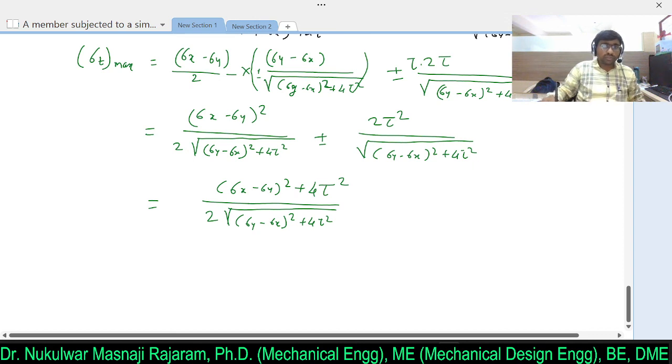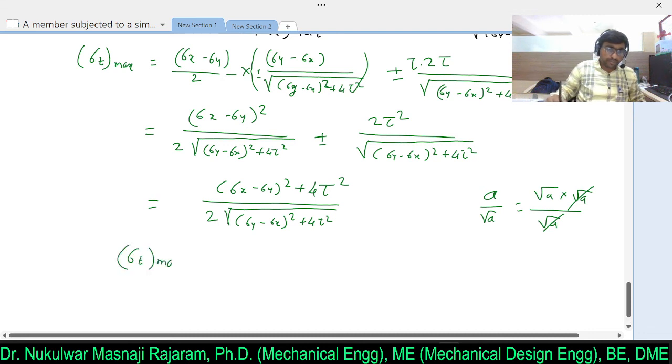Simple. So similarly, a divided by under root of a, I can write as under root of a into under root of a divided by under root of a, so it will get cancelled. I will get only under root of a, so that is tau max. I can write 1 by 2 under root of sigma x minus sigma y whole square plus 4 tau square.